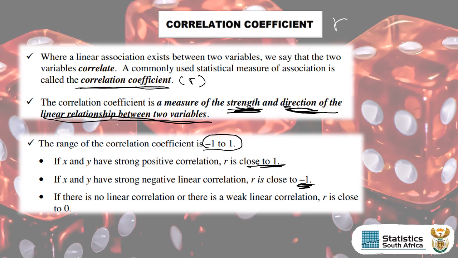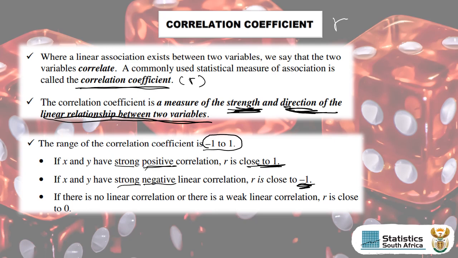So you can see your R tells you the strength. When we say positive, they are all moving upward. When we say negative, points are moving downwards. That is the direction, the strength and the direction.